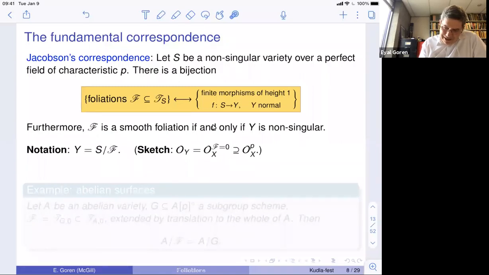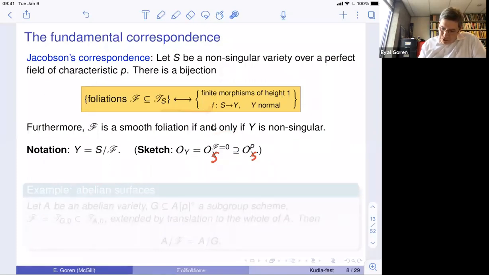X is S. Thank you very much. Yes, notation changed as I was preparing the talk. Thanks, Joe. Right, so this always contains the P-power functions, so it's a rather big subring to begin with, and you add all the functions that are killed by derivations coming from F, and that allows you to go in this direction.